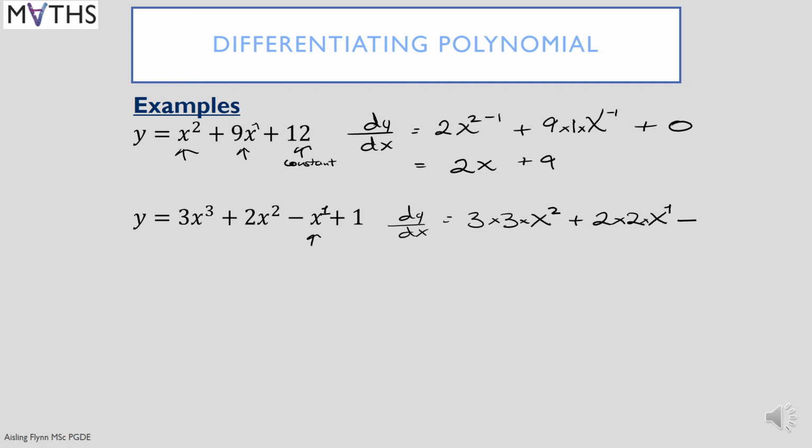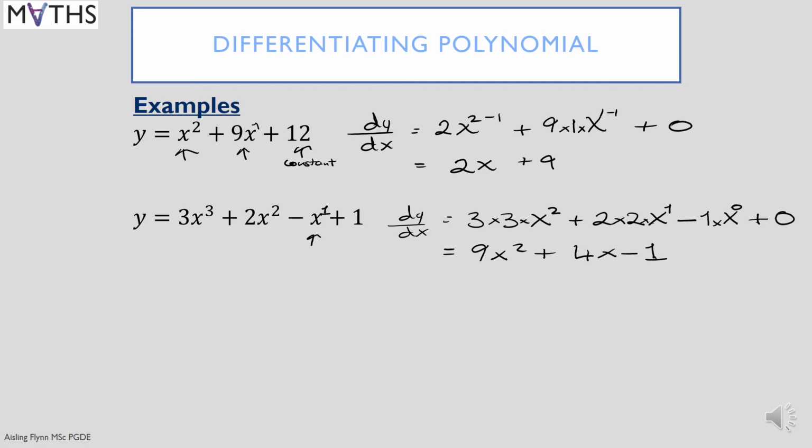So it'll be 1 times x to the power of 1 minus 1, which is 0, and that will become nothing. And at the end we have plus 1, which is a constant, and the derivative of that is 0. So my dy/dx will be 3 times 3 is 9, so we get 9x squared plus 2 2s are 4 times x minus 1, and then the 0 is gone.